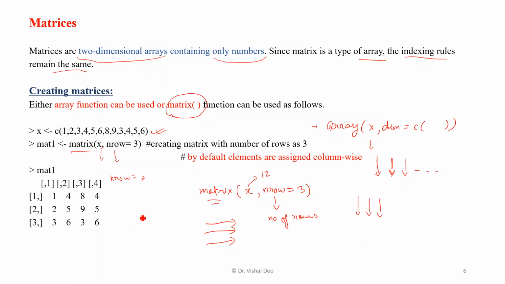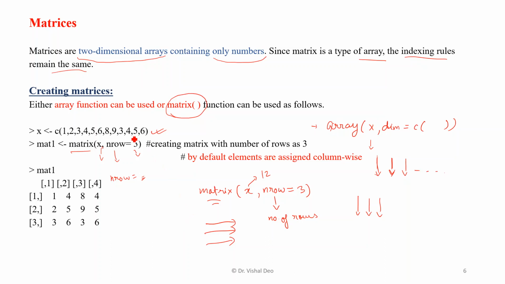Obviously the multiplication of rows and columns should be equal to the number of elements, so the number of elements in x should be divisible by the number of rows which we are defining, otherwise it will return an error.